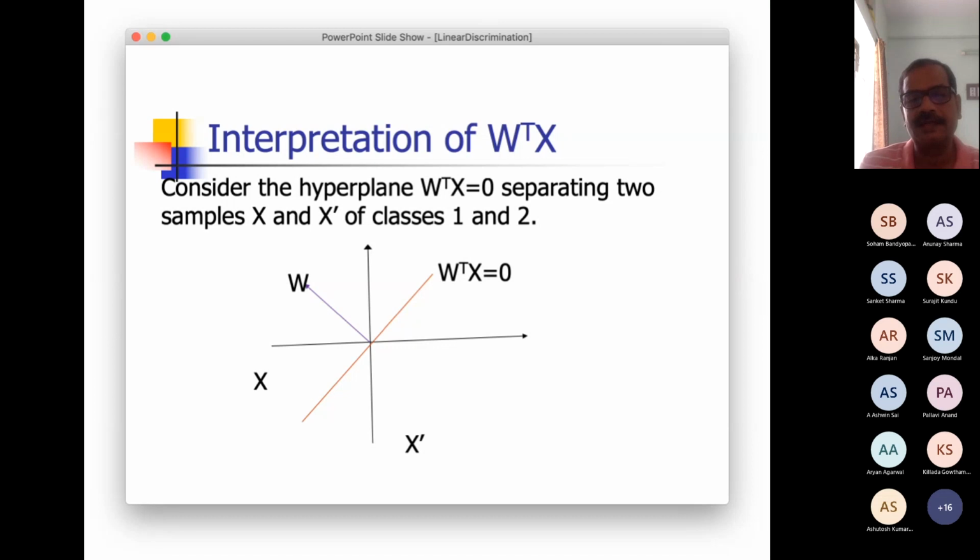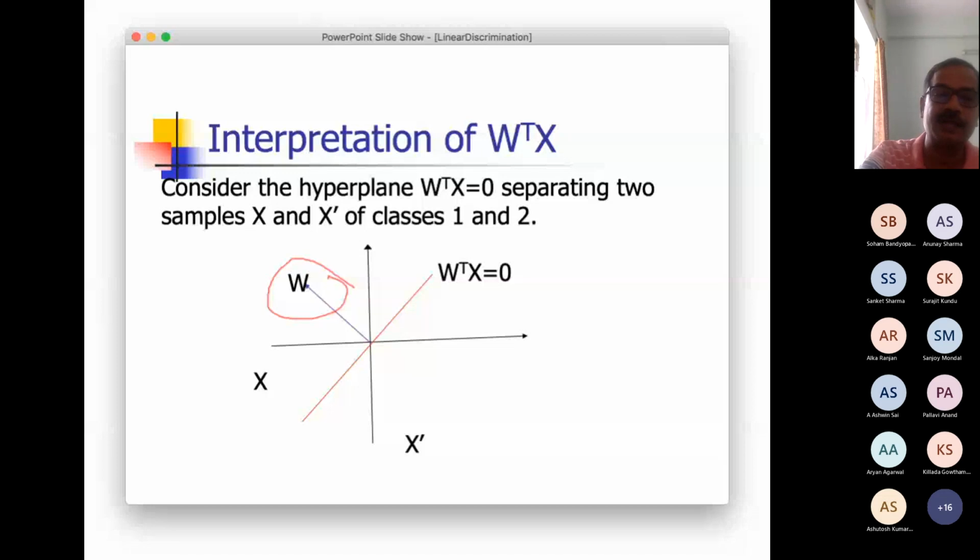This hyperplane will partition the space into two half-spaces, two sides. On one side the normal will be directed, in the same direction, and the other side is where the normal is in the opposite direction. Here, this will be the positive half-space because the direction of W is this direction, and this is the negative half-space.